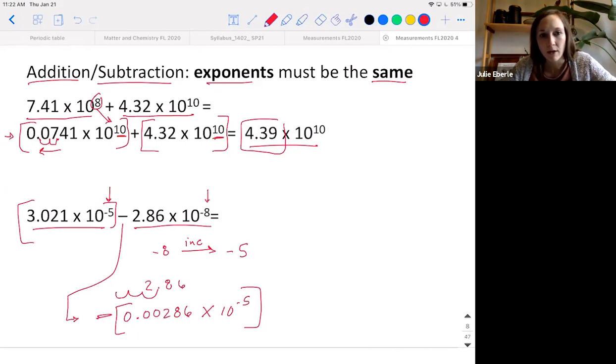I'm going to give you about 20 more seconds. If you don't get your answer in, it's okay. We're only about 50% there so far.